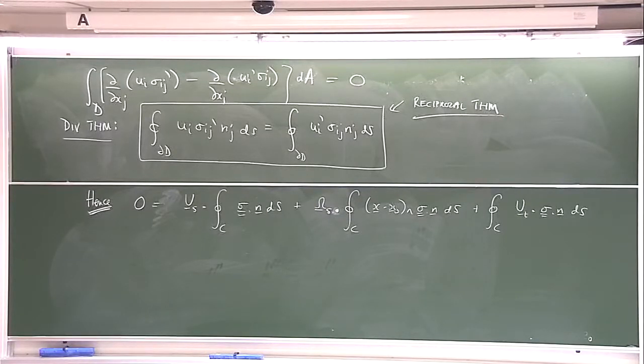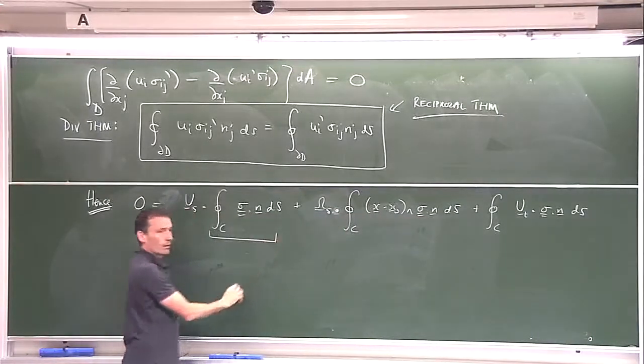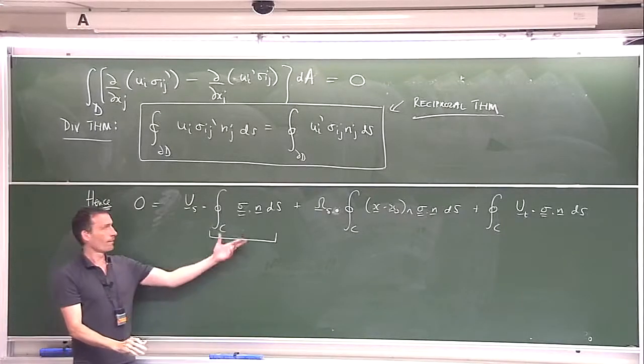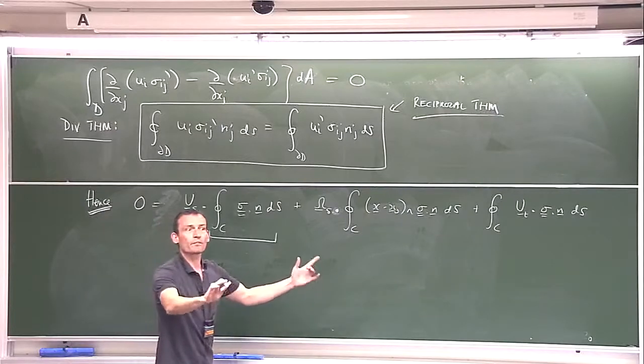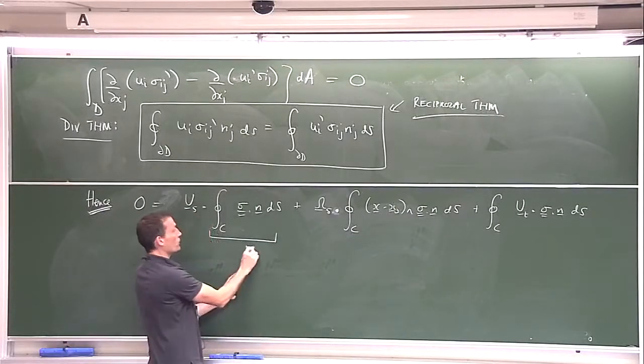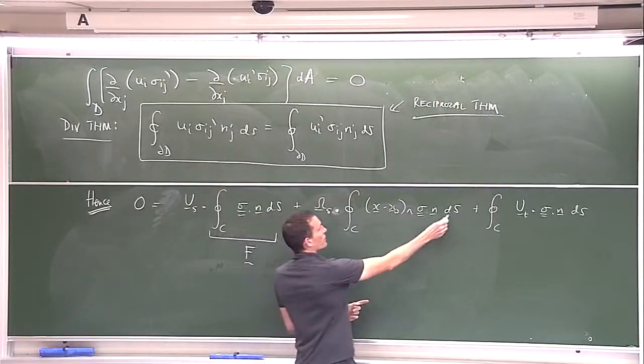There's nothing I can do with that, because remember, the treadmilling on the boundary is not constant. It's a function of space, so that's some function you give me. Well, what's this? It's the same thing as before, but now for the unprimed problem: that's just the force on the cylinder. And then what's this?